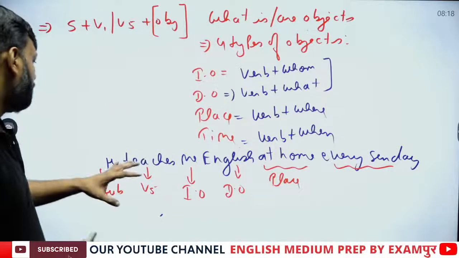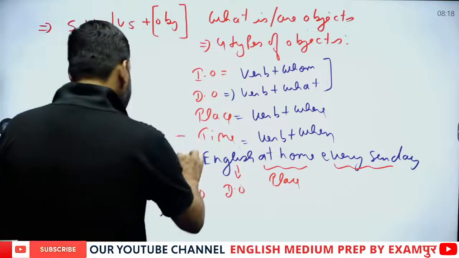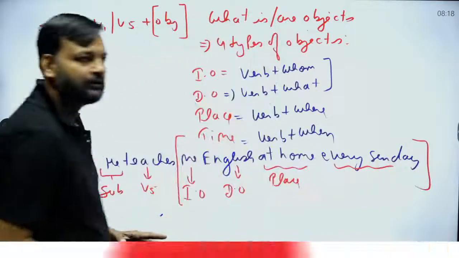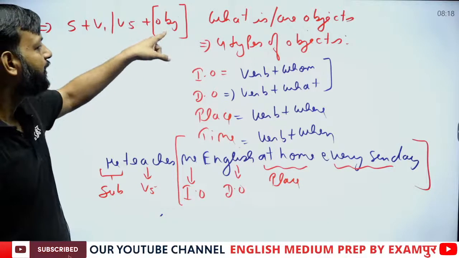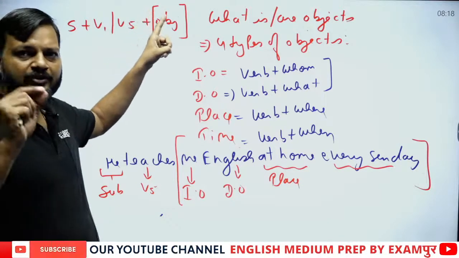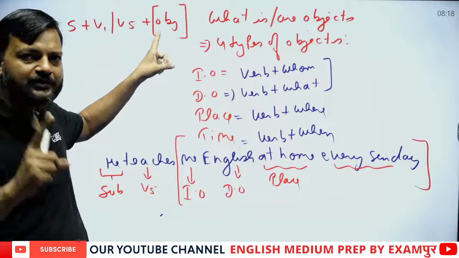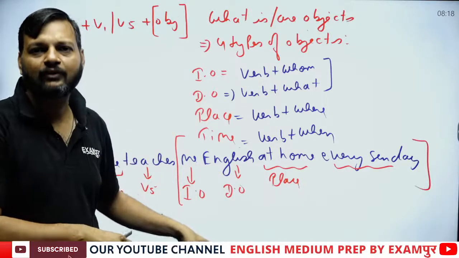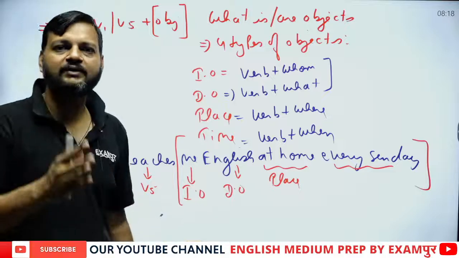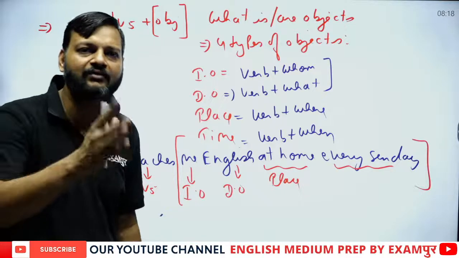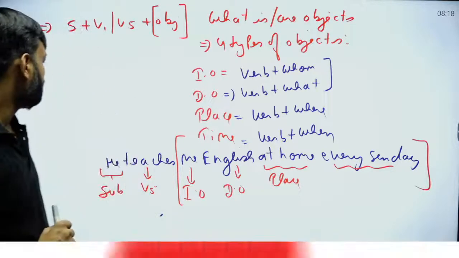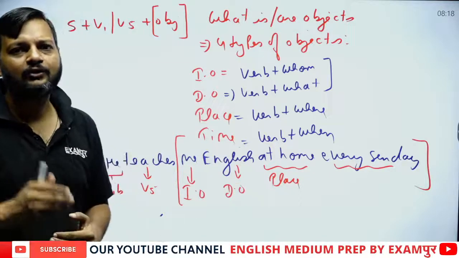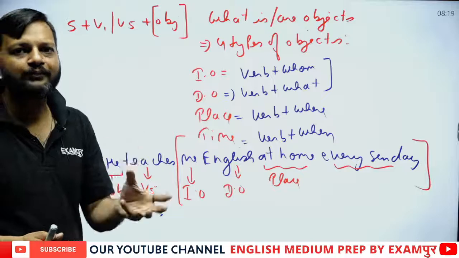Together these four things are called object. When I write object, it is not just a single word. Objects means these four things and in the same sequence: first indirect object, then direct object, then place, and then time, right? So he teaches me English at home every Sunday. I hope that you have understood what are objects.